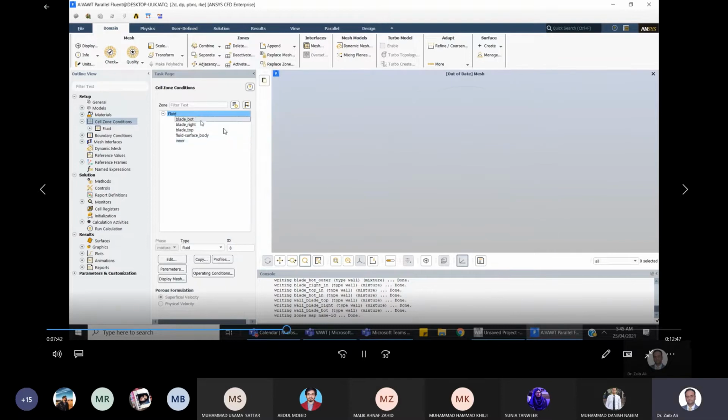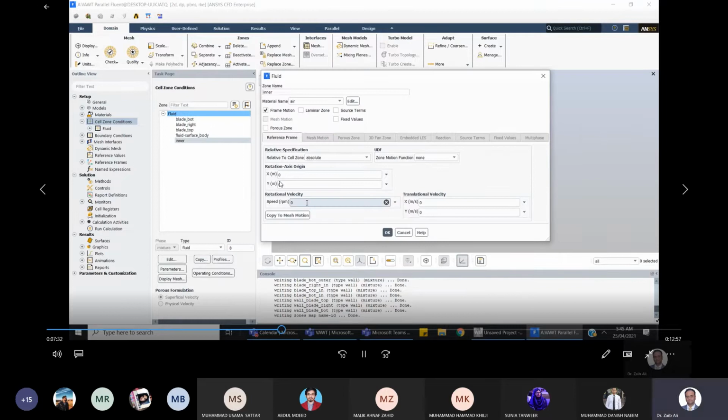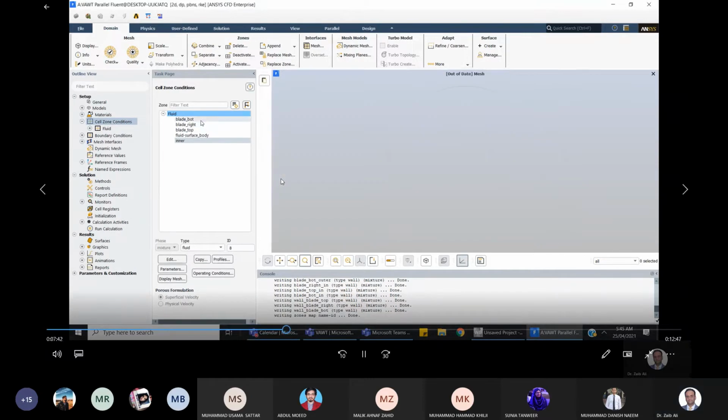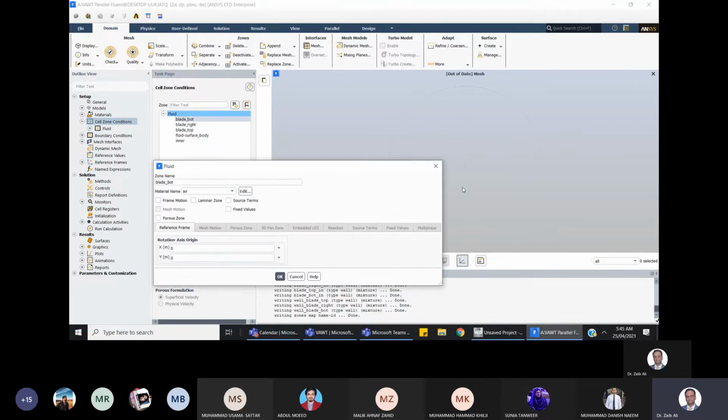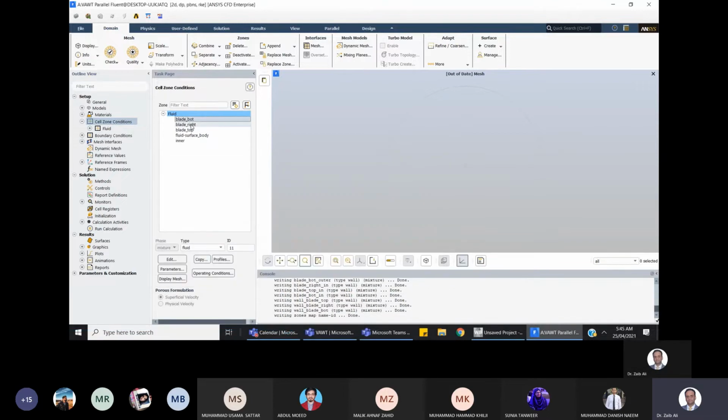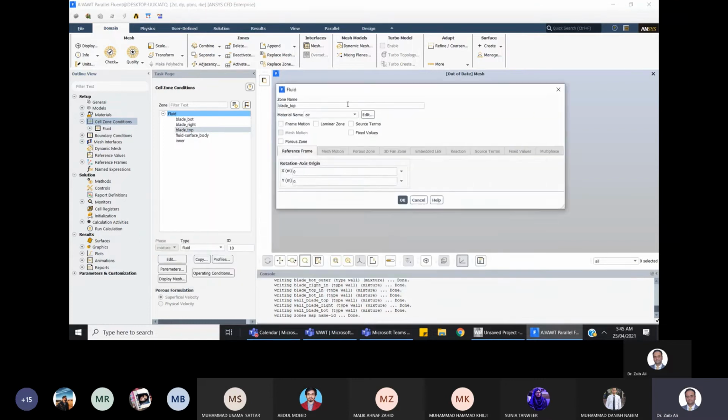And the rotation axis, if you look here, it's rotating with respect to the global region, which is placed at its center, coordinates 0, 0. Okay, then you move towards each of the 3 blade zones, for example starting with the top blade zone.